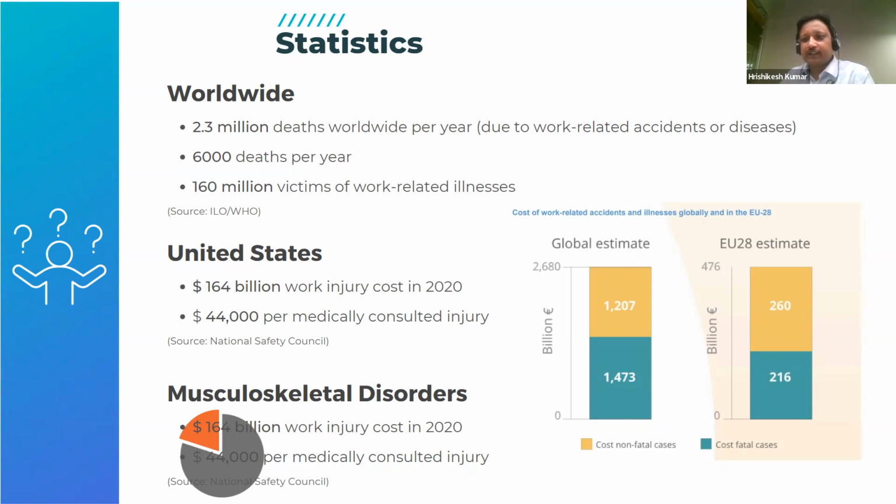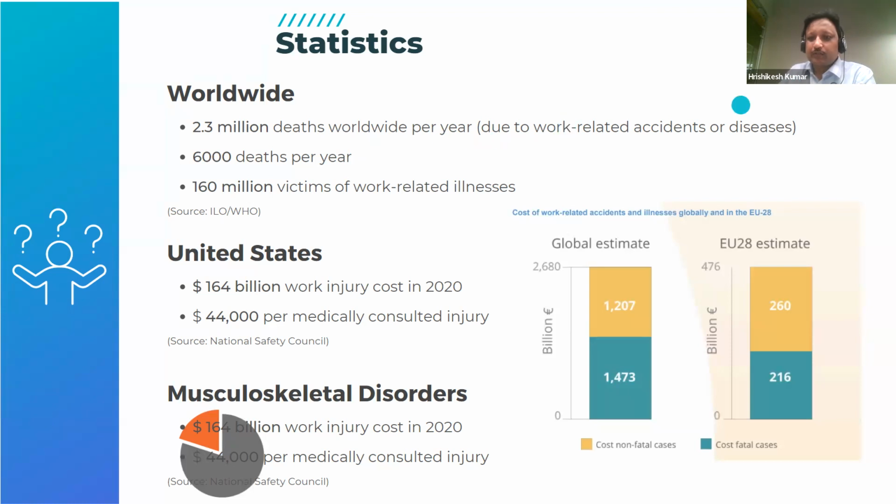We also have some data about developed countries. In the United States, they estimate the work injury cost for one year is more than 164 billion US dollars, and each medically consulted injury easily goes around $50,000, especially in places where healthcare is available but the cost is very high.